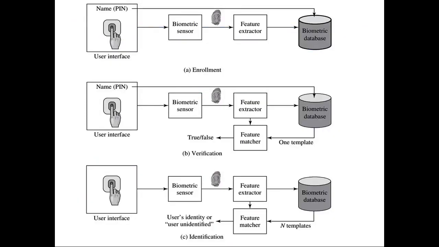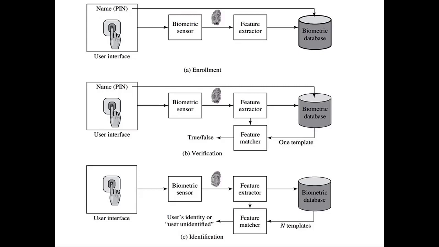So this is the general flow chart or general diagram that is associated when we employ this means of authentication, or biometric authentication, if you want to say it. The first step is enrollment. Essentially what you can see from the diagram is the fingerprint authentication mechanism.